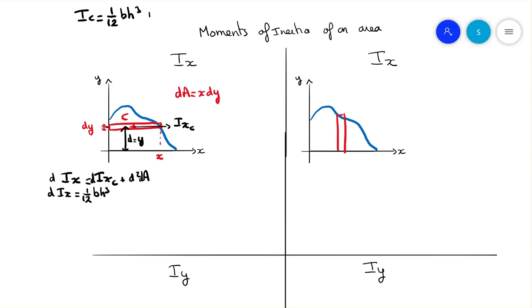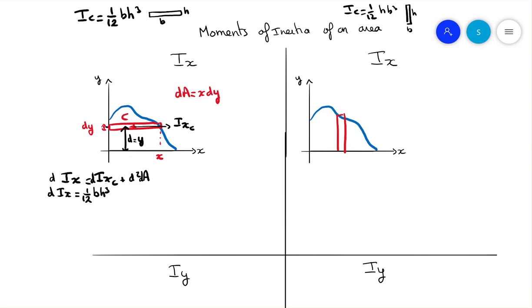Okay, so if it's horizontal, that's your b and that's your h. If it's vertical on this side, Ic would be equal to 1/12 of hb cube. I write it in the other direction, and now I'm at the h, and that's your b.